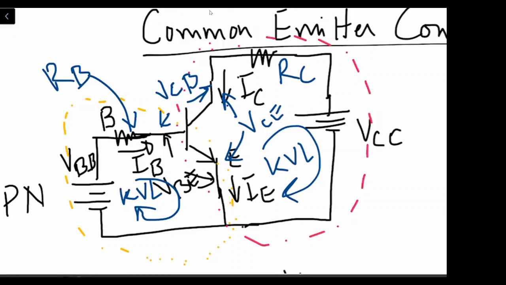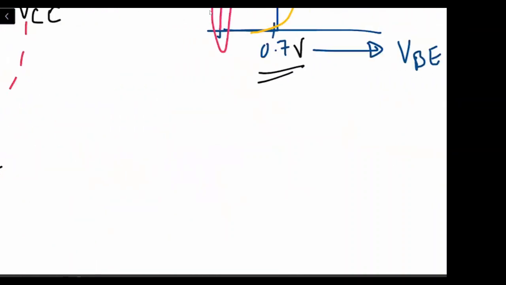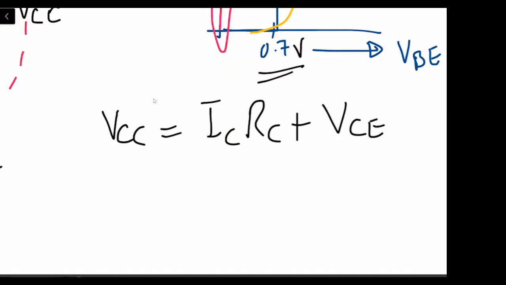So applying KVL to the output side, we have the equation VCC equal to ICRC plus VCE, right?